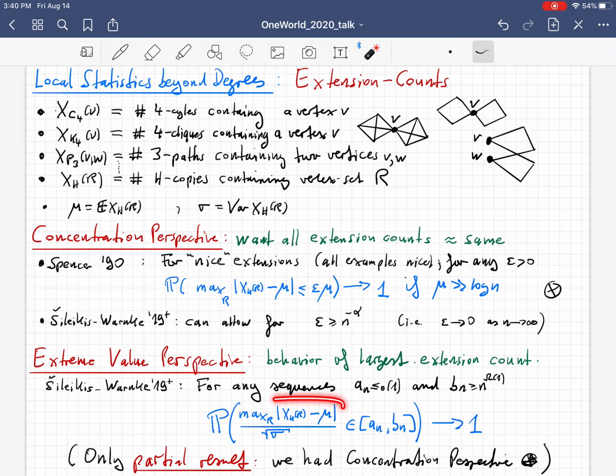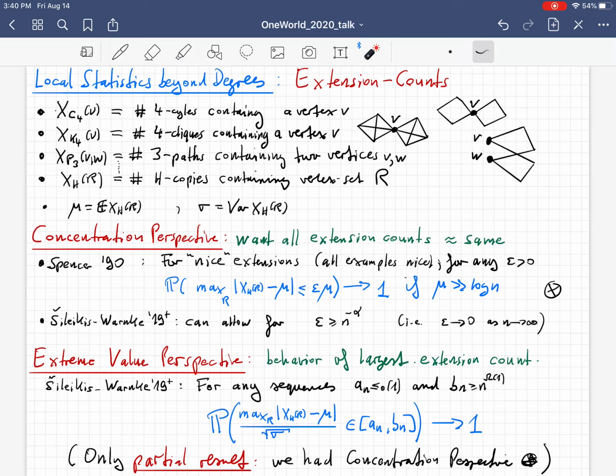And what we're able to show is that this quantity, which looks awfully close to the things we look at in extreme value theory, is always contained in some interval a_n, b_n, where a_n tends to 0, and b_n is any polynomial function. So imagine it's at least n to the epsilon for any epsilon. And we're able to show that this quantity always is contained in this interval, with probability tending to 1.